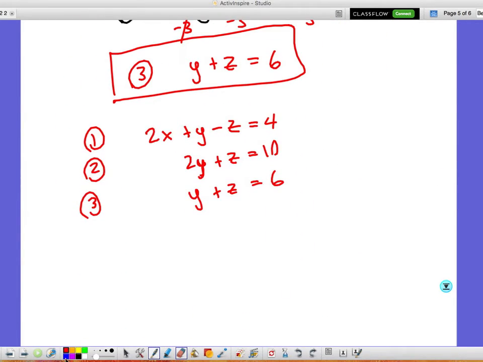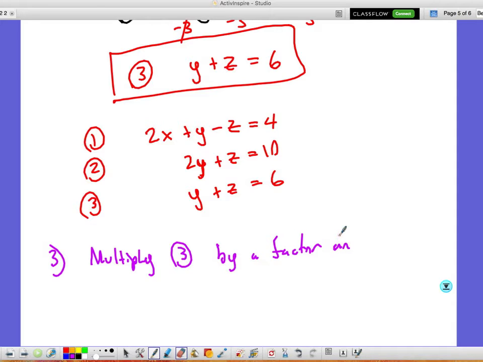So in step 3, we need to multiply equation 3 by a factor to eliminate y and add equation 2 and equation 3.